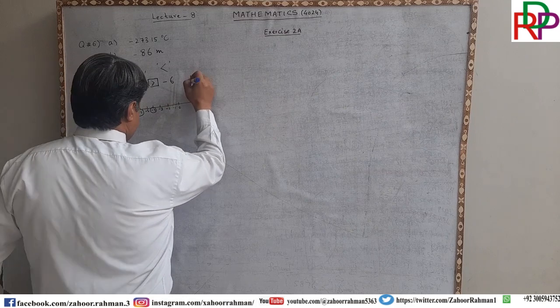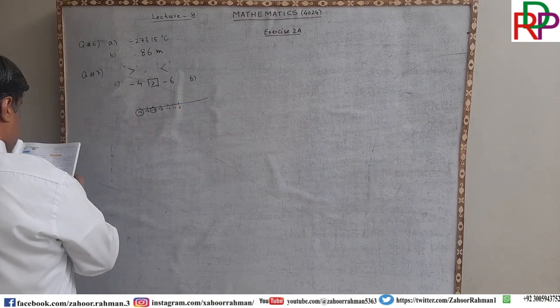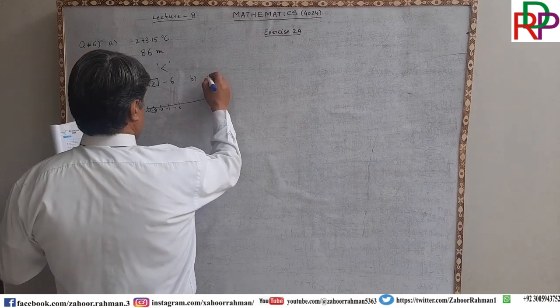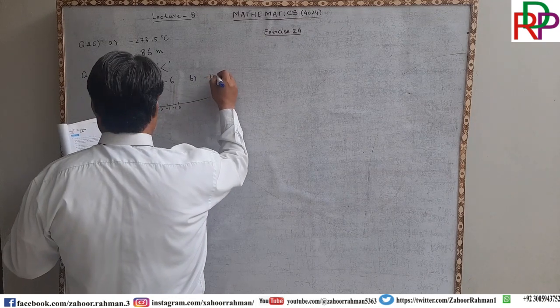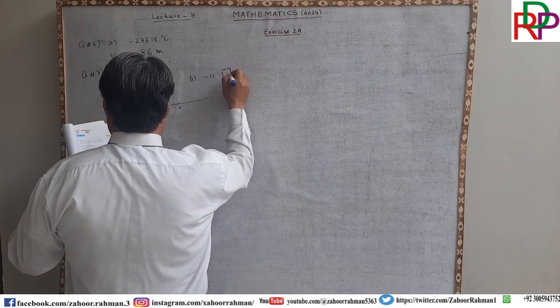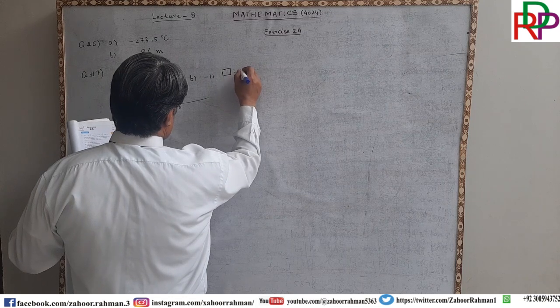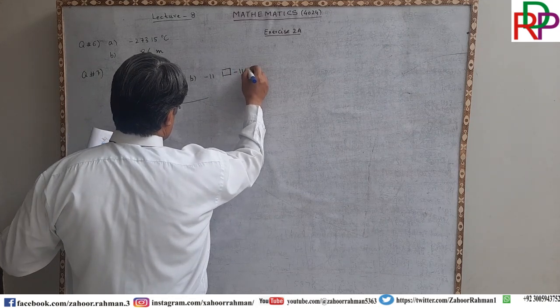B part is saying minus 11, and then they have given us a box and minus 11.5.